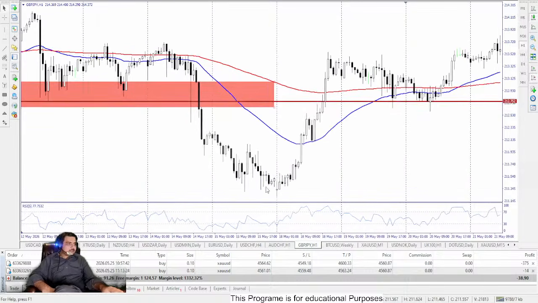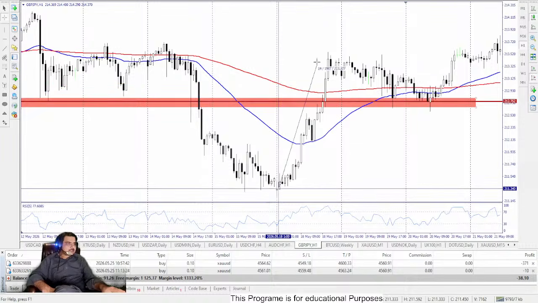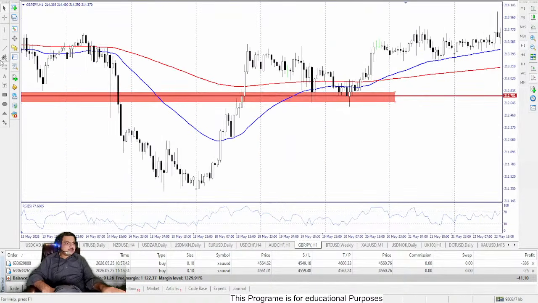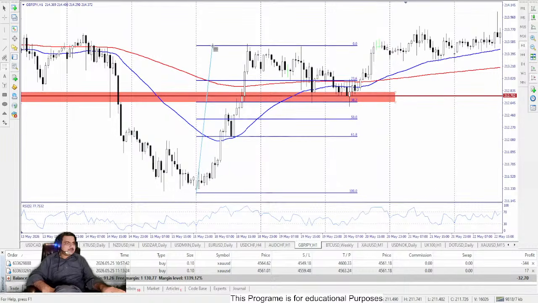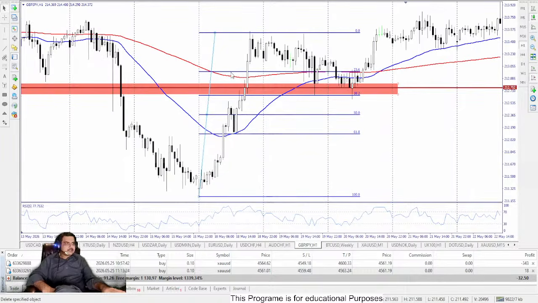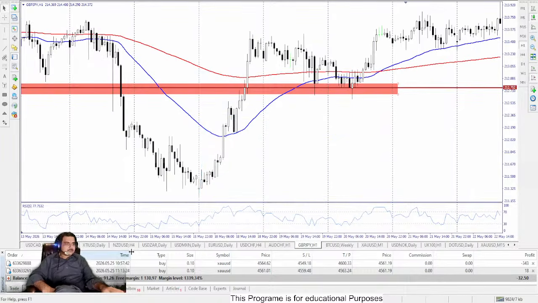This is where it was, okay. And what I say, a close above this, a retest, and a continuation. Why I missed it? Ideally I was looking for a Fibonacci correction. That did not occur, so if that did not occur till here, I just left it. But technically the trade was good, okay. The trade was not bad at all.